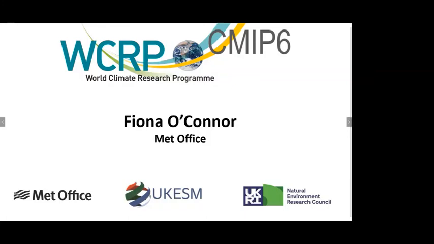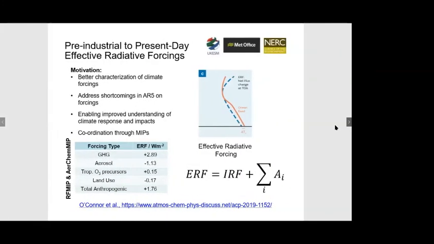Slide to move across. So I'm presenting some work on the present-day anthropogenic forcing of climate. This work's been done in collaboration with quite a large group of people who are contributing to the aerosol and chemistry model intercomparison project, AerChemMIP. The motivation behind this work really is to better characterize climate forcings and their representation in global models.